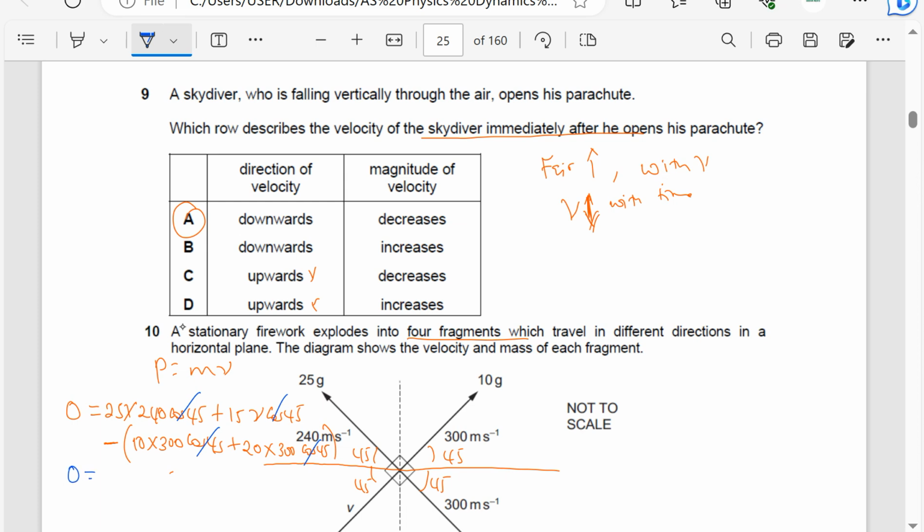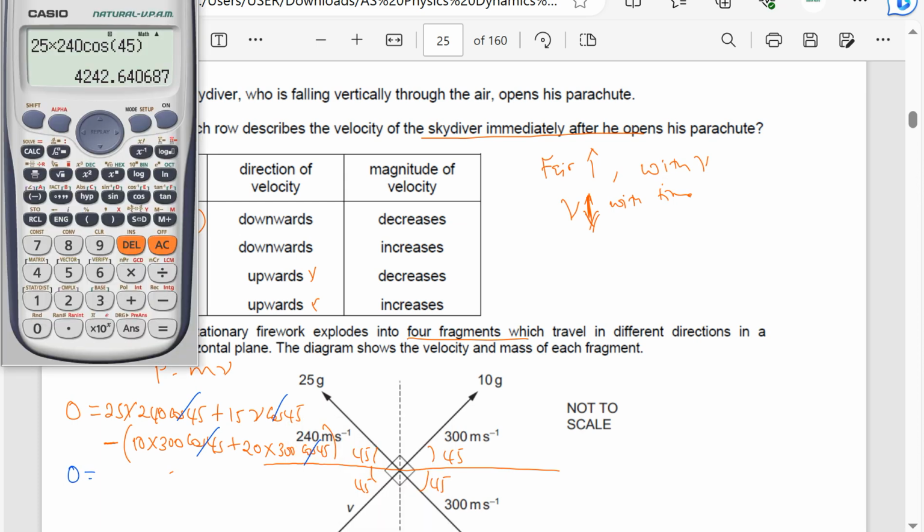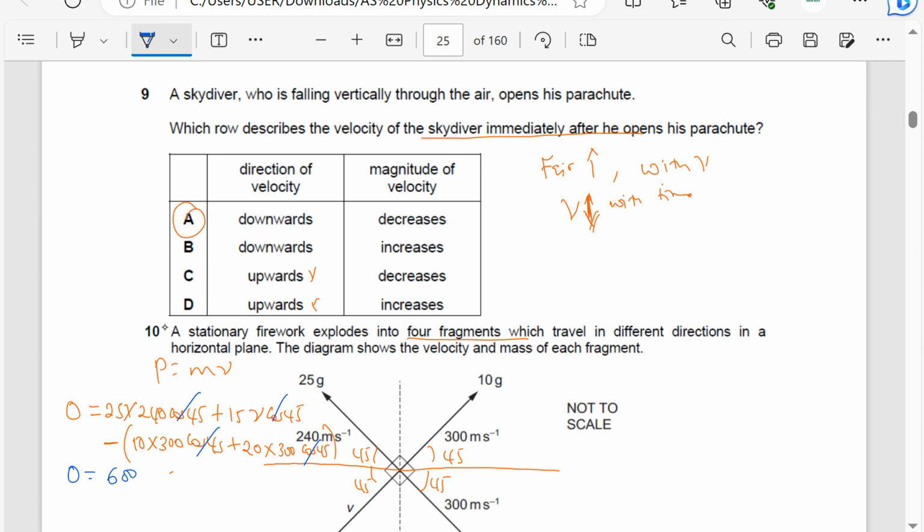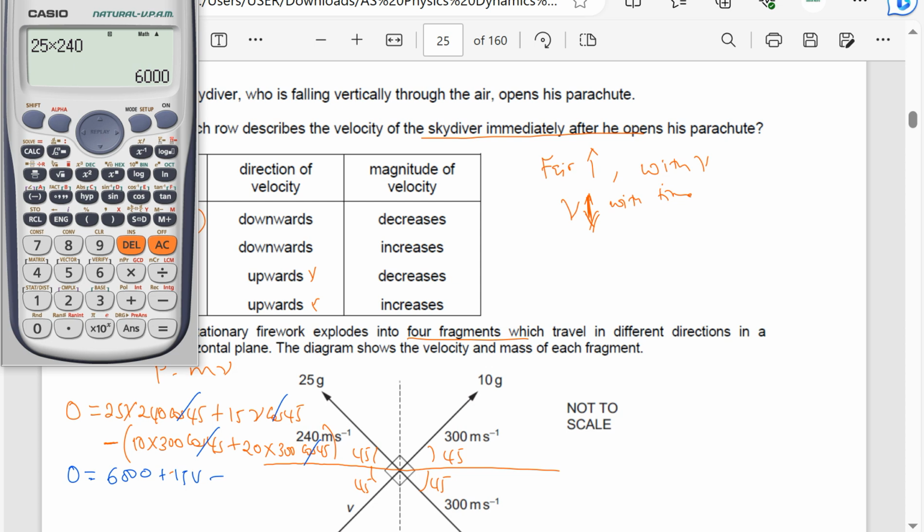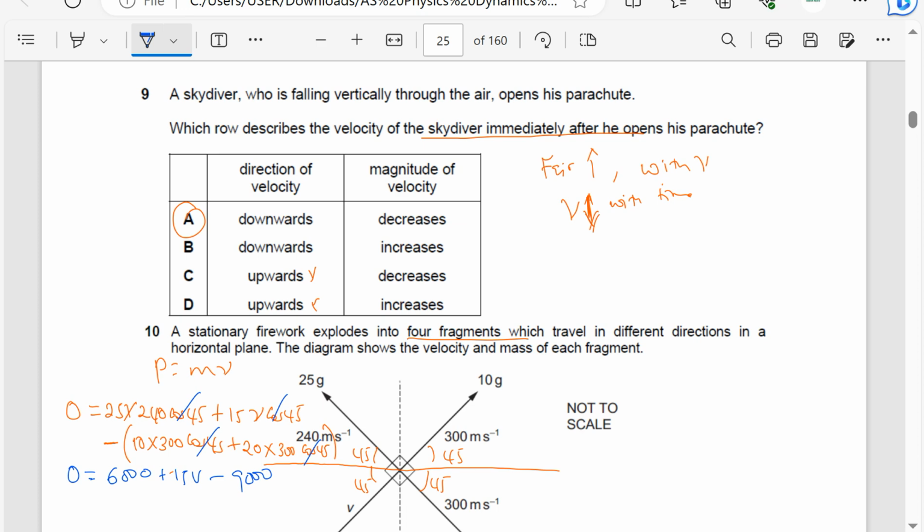So 0 is equal to 25 times 240, that is 6,000, plus 15v minus 3,000 plus 6,000, that is minus 9,000. So I want v, I will just press my calculator.